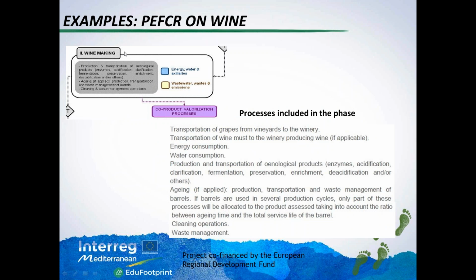As concerns the winemaking process, these are the processes that are included in the study: transportation of grapes from vineyards to the winery, then transportation of wine must to the winery producing wine, and so on. Then the recleaning operation, waste management.